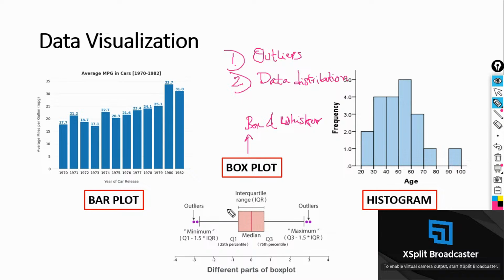So let us understand what this box plot is. A box plot is named so because there is a box in the plot. It is also called a box and whisker plot, right? Along with the box, you'll also have two whiskers. This is one whisker and this is the other whisker. Because of these whiskers and box, it is called a box and whisker plot as well.